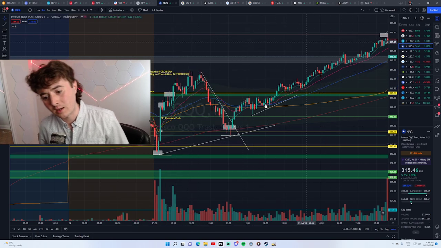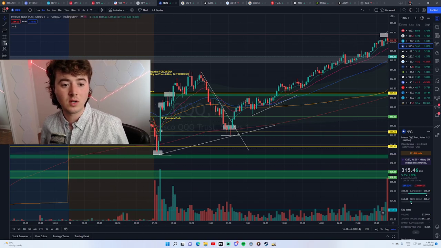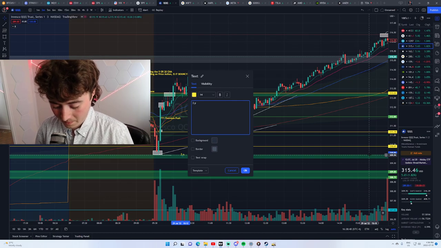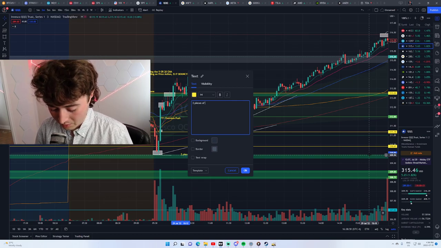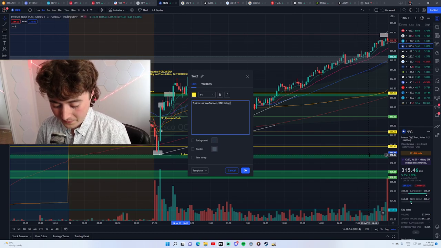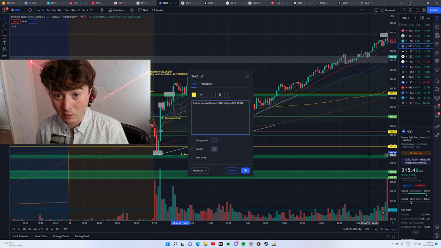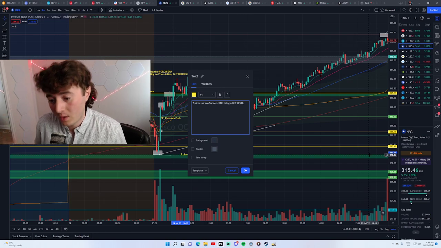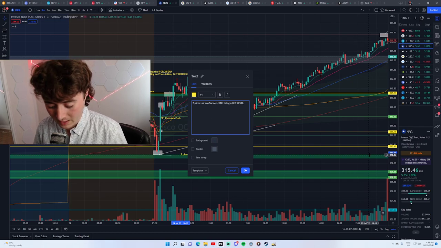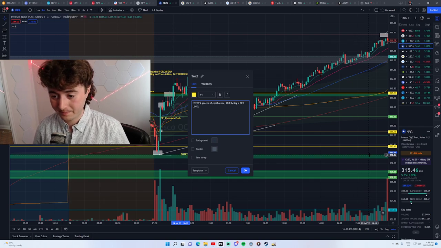There you go. So once again, guys, this is your entry. I'll even write out an entry thing here. So 2 pieces of confluence, 1 being a key level. Okay, we don't use key levels for no reason. They're key. So 2 pieces of confluence, 1 being a key level, and I'll just go back to the beginning here and I'll write entry.